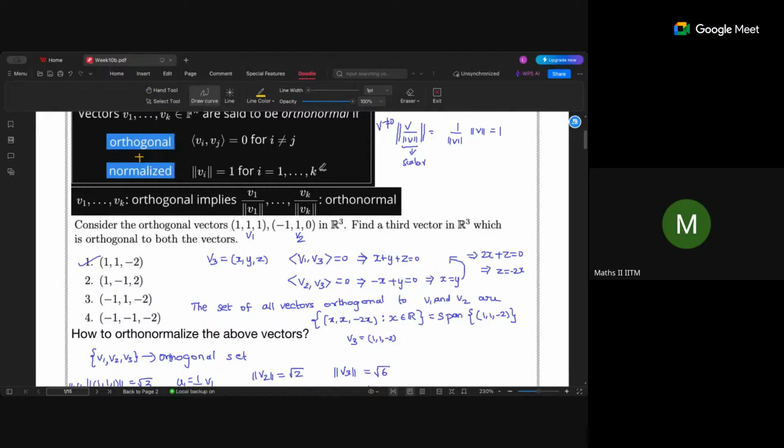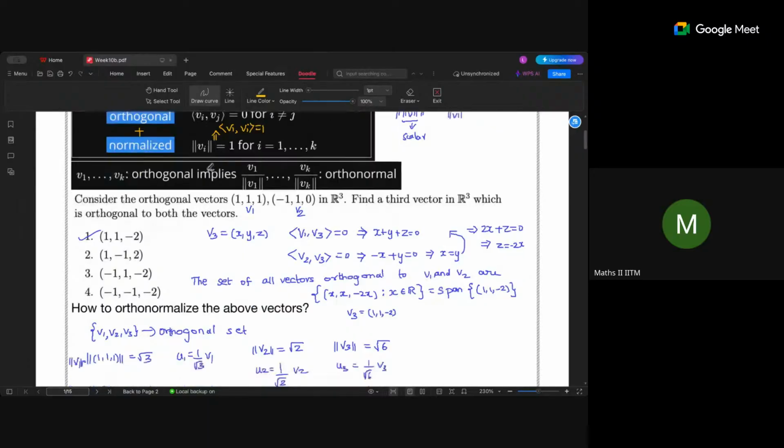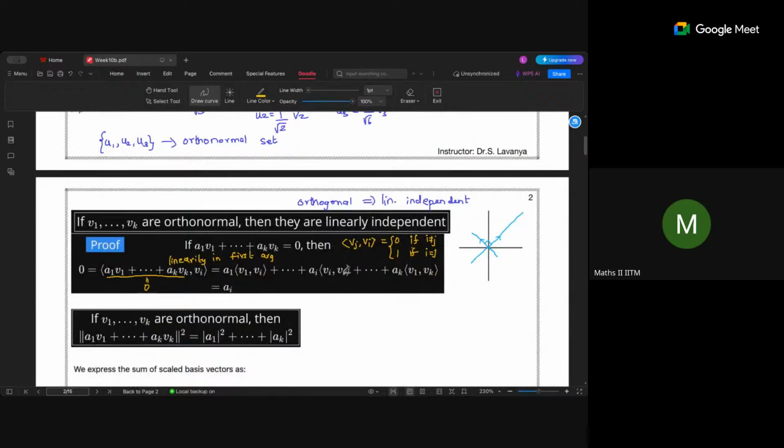So this is equivalent to saying inner product vi comma vi is equal to 1. Both are equivalent. So here only this term will be 1, and all the other terms will become 0.